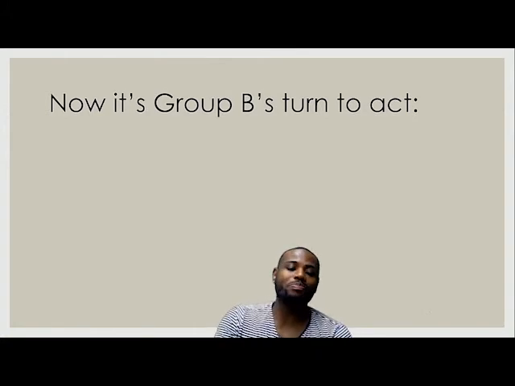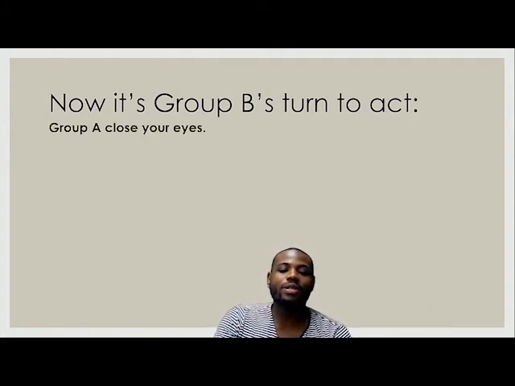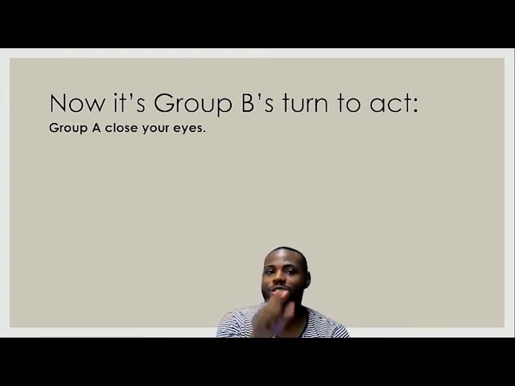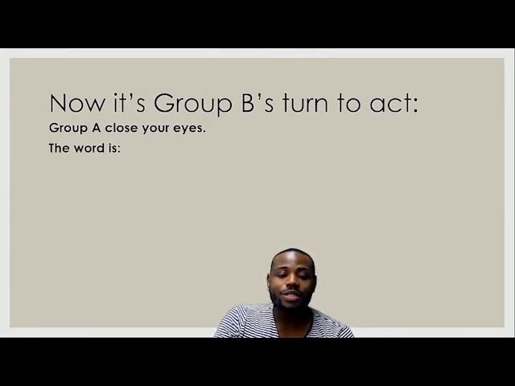Now it's Group B's turn to act. Okay, Group A, go ahead and close your eyes. No peeking. Make sure you're not peeking. I see you if you're peeking. Yes, through the camera, I see you. Okay, Group B, this is your word.